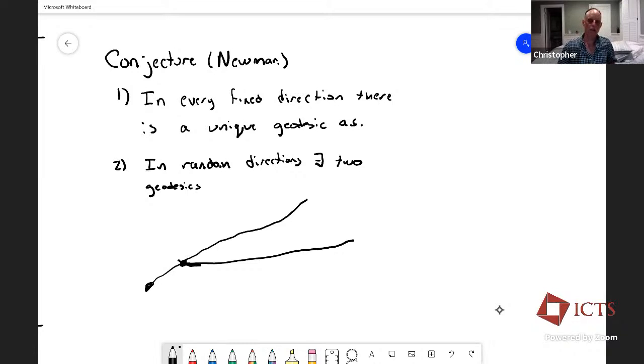So there have to be these random directions where I get multiple geodesics, and I expect to see only two geodesics.